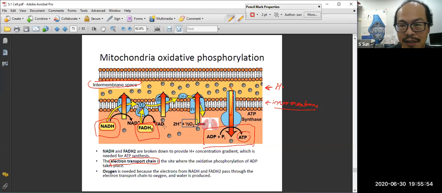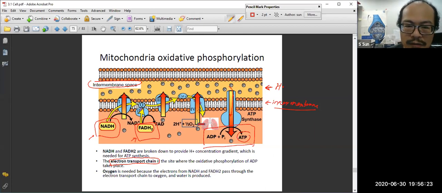So these are important contributors, contributing their hydrogen into this intermembrane space. And that accumulated hydrogen goes through this channel to produce ATP. So that is the end process.